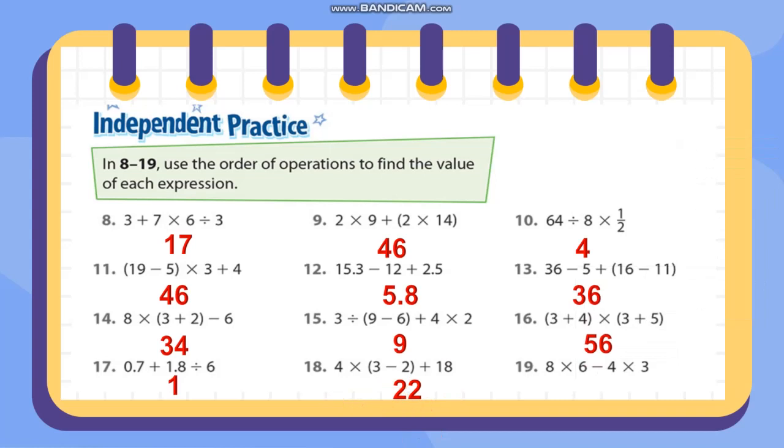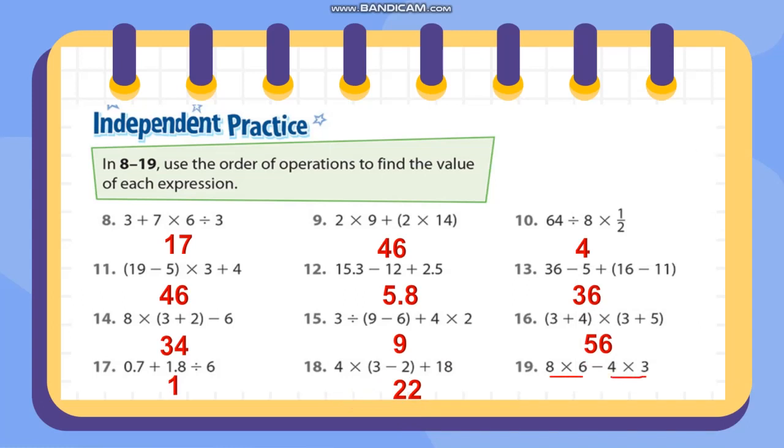Next question. 8 multiplied by 6 minus 4 multiplied by 3. Based on the PEMDAS rule, we don't have the parentheses, we don't have the exponent. Then let's apply multiplication and division. Yes, we do have multiplication, but we have two multiplications, so we evaluate from left to right.